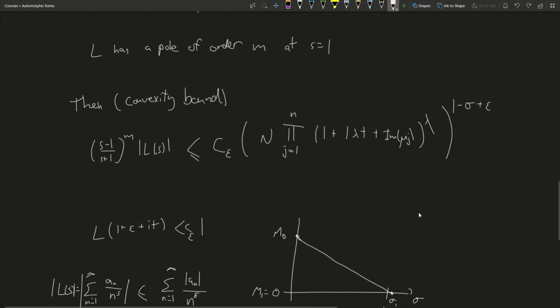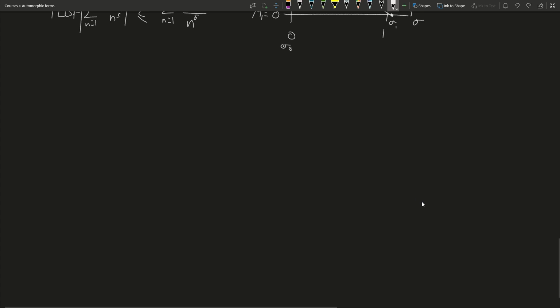Okay, so let me give an example. The Riemann zeta function satisfies a functional equation. Let me write pi to the minus s over 2, gamma of s over 2, zeta of s.